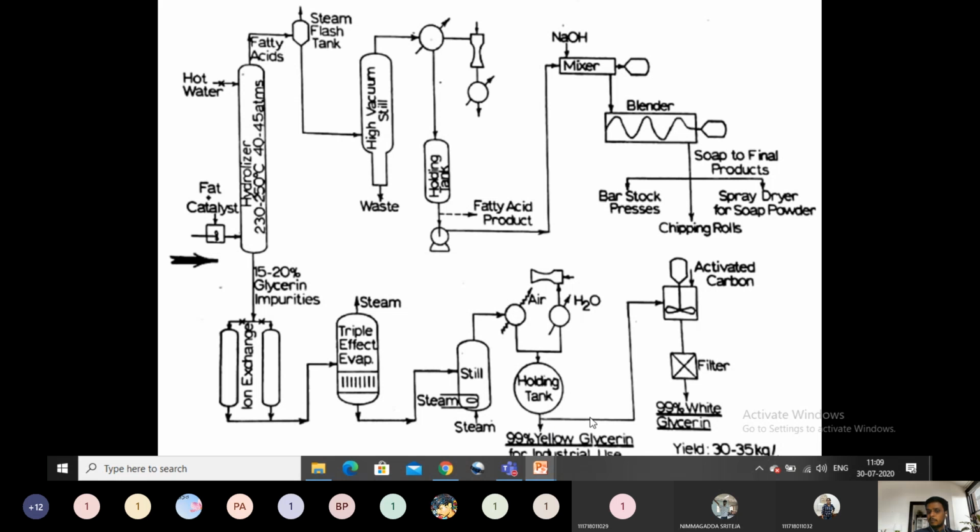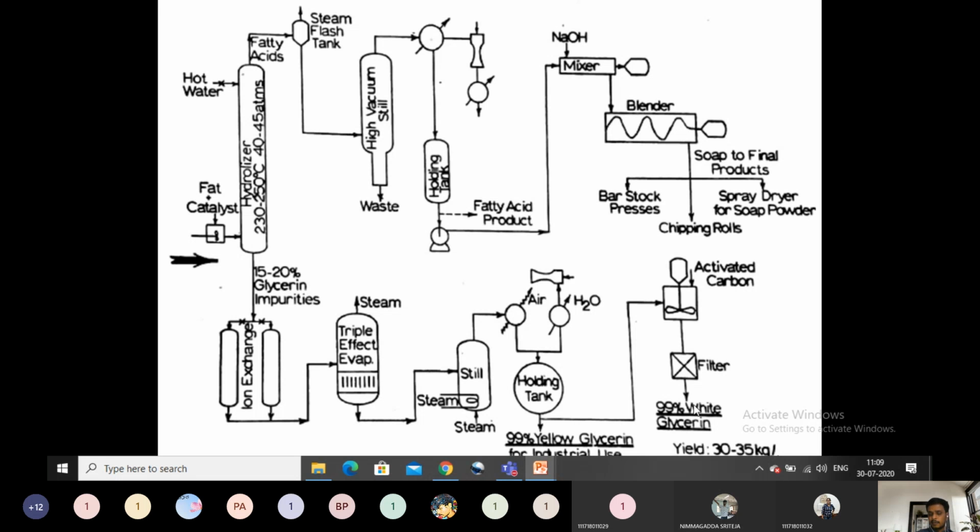This yellow glycerin will be sent to the activated carbon adsorber, where it will be mixed with the activated carbon adsorbent, so that we can obtain 99% white glycerin. The activated carbon will be separated out in a filtration unit. So we will obtain 99% glycerin.